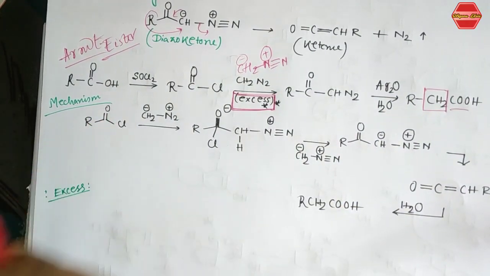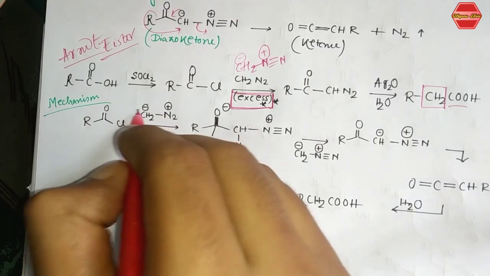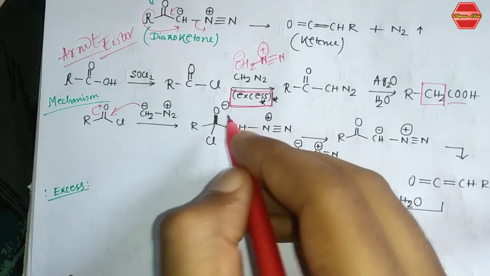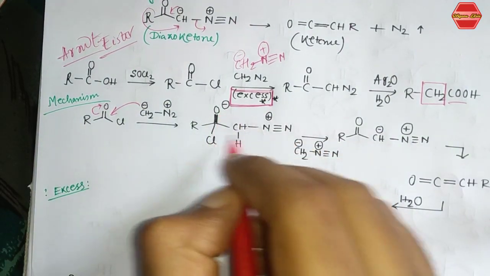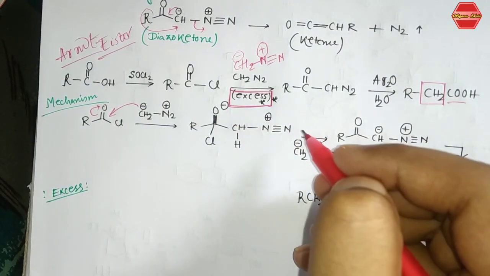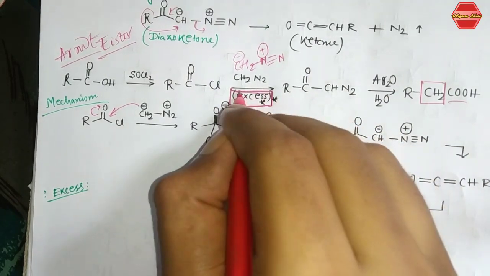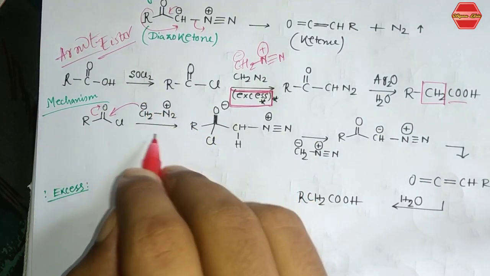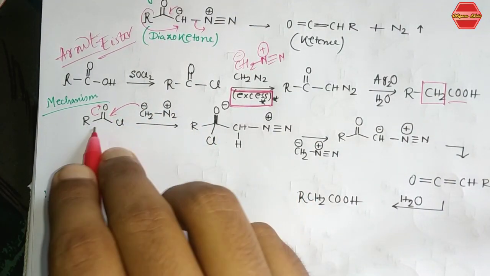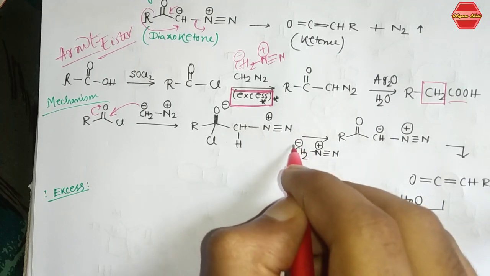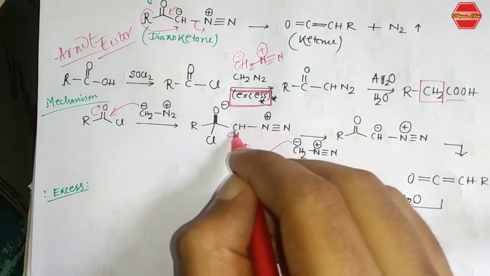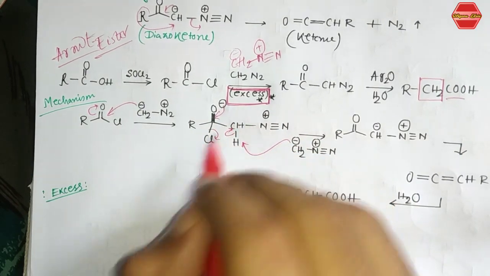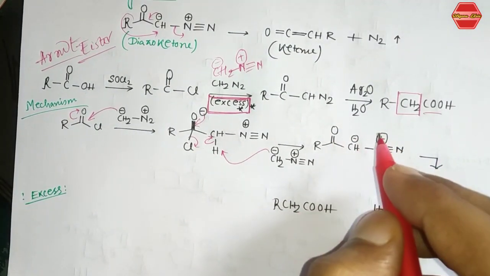Now let's see the mechanism first. You have this CH2N2, and it will attack over here at the COCl, these bonds go back to the center, and O minus and Cl, and you are getting this intermediate. Now the excess term is important, because one equivalent of CH2N2 basically attacks over here, and another equivalent of CH2N2 will take a proton from here, so that it gives a negative charge on this carbon center, and these bonds go here and it will leave from the system, so that you are getting this intermediate.